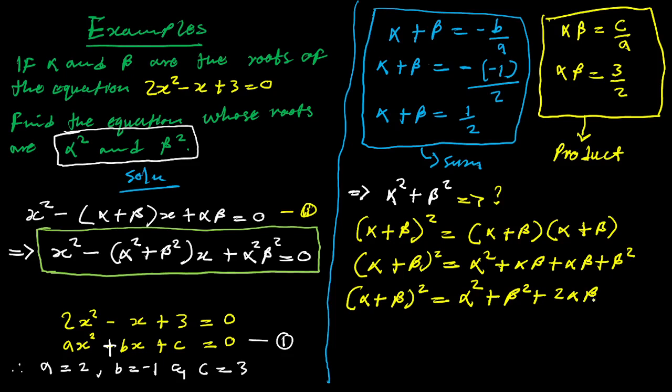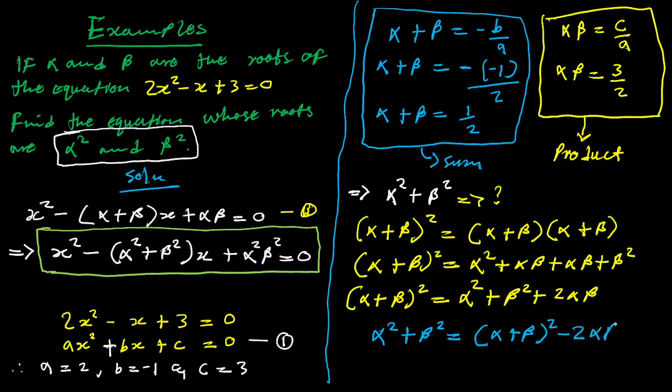So alpha squared plus beta squared is simply equal to alpha plus beta all squared, and the 2 alpha beta goes to the other side, so it will be minus 2 alpha beta.